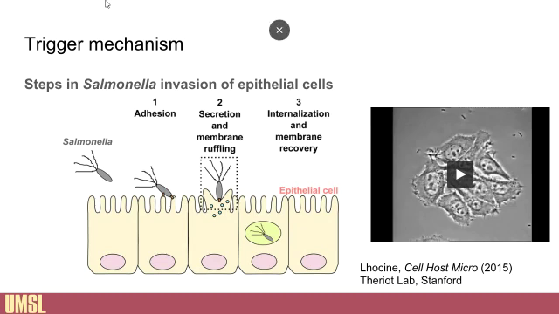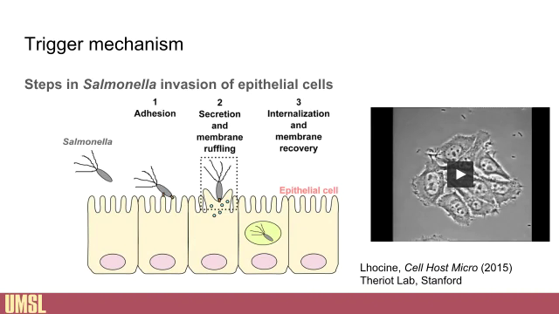One of the critical things, of course, is adhesion, and Salmonella uses fimbrial adhesion to stick to enterocytes. It also appears that they use flagella to be even more sticky.